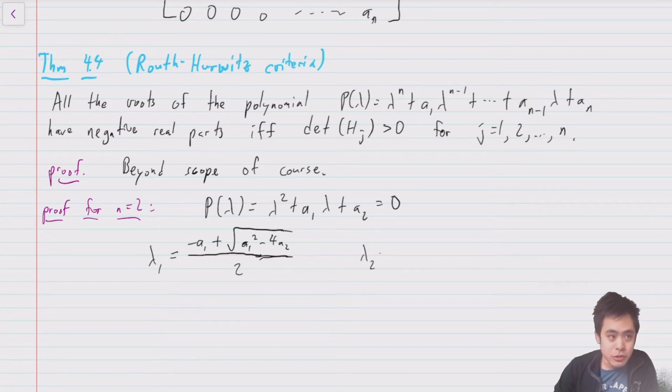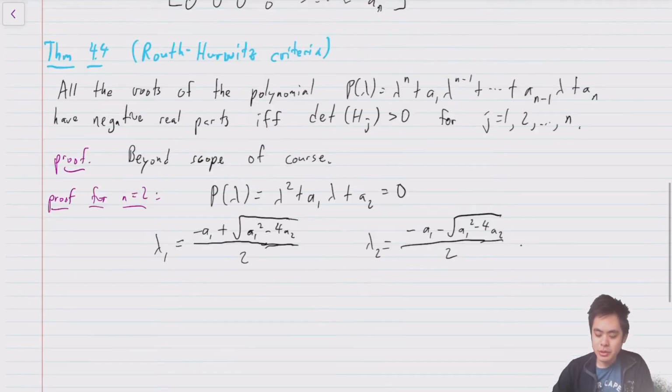And we'll have lambda 2 be equal to minus a1 minus the square root of a1 squared minus 4a2, over 2. And what are the Routh-Hurwitz criteria?